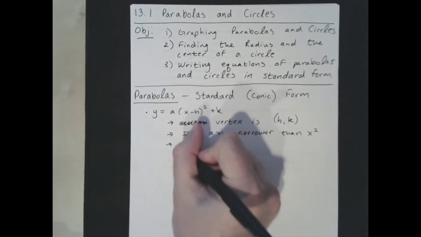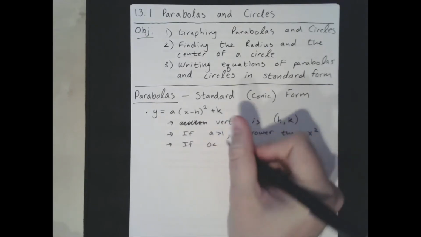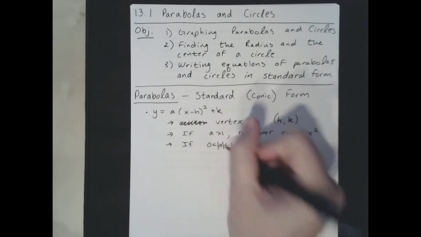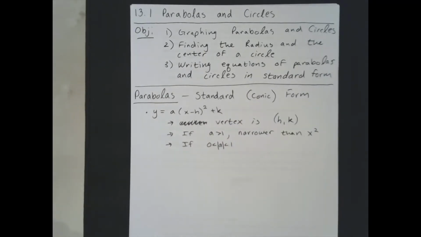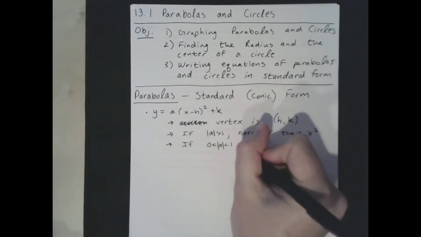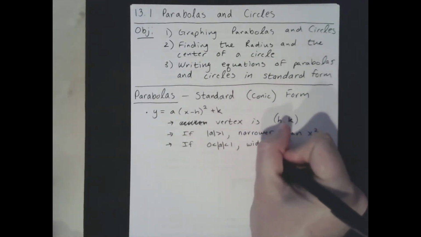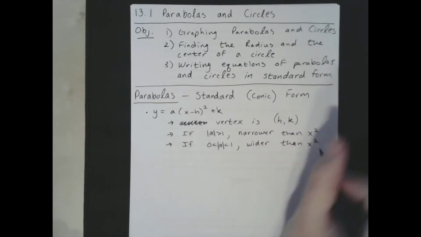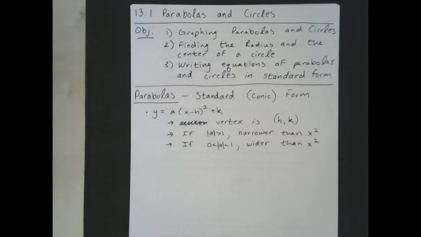And if the absolute value of a is between 0 and 1, we have a wider parabola than x squared, so that's just rehashing some of our transformations.